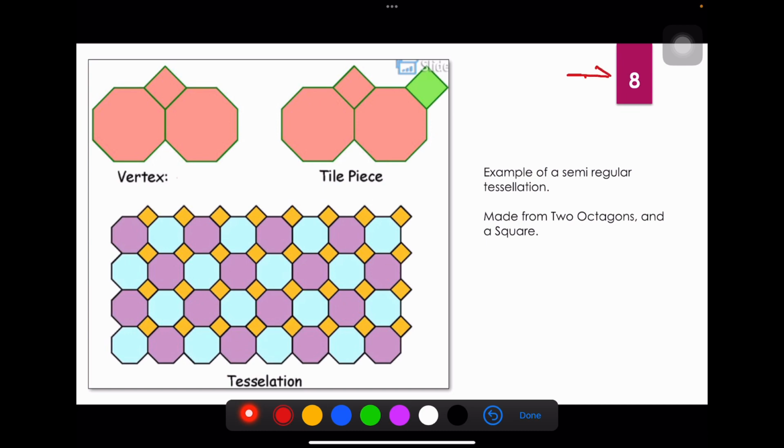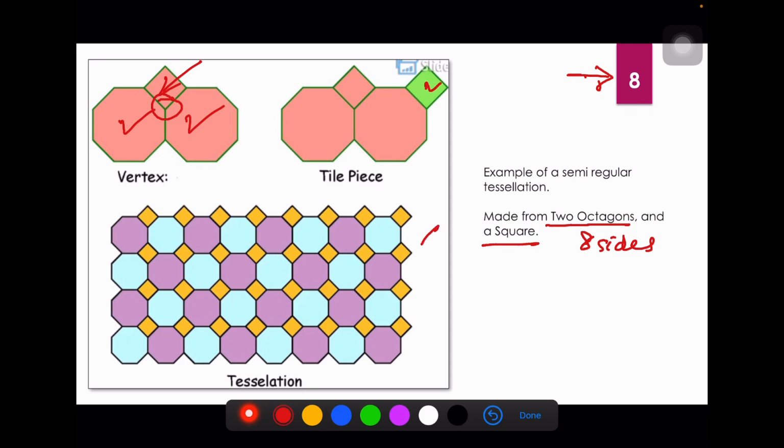And number 8 is where you have 2 octagons, 8 sides, and a square. So you have 2 octagons left and right, and a square here. The vertices are all here, and then you can add another piece of a square.